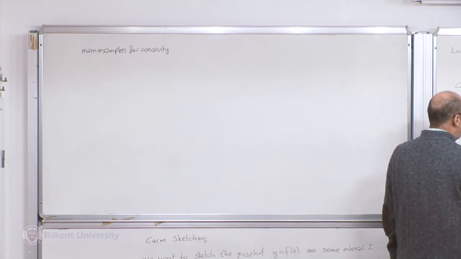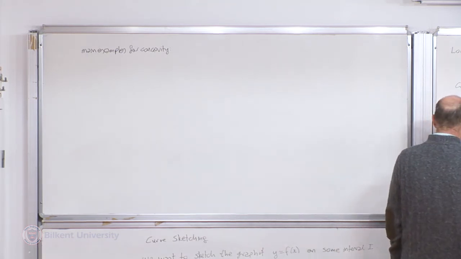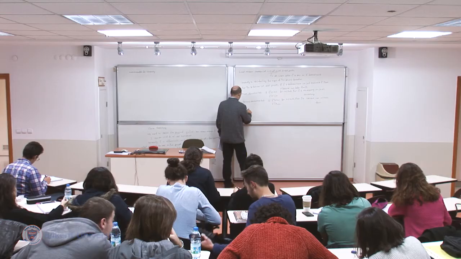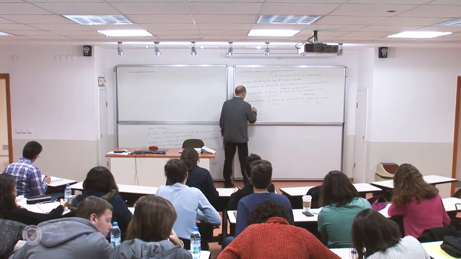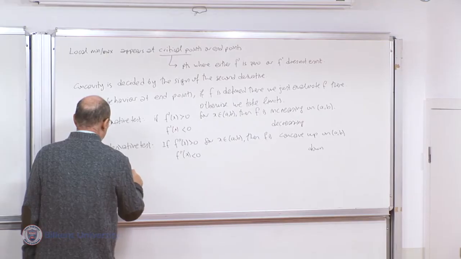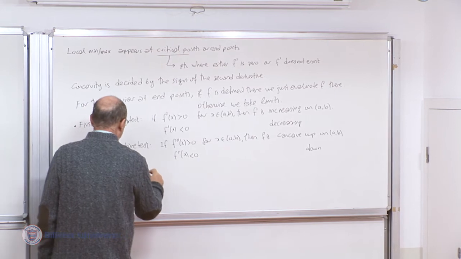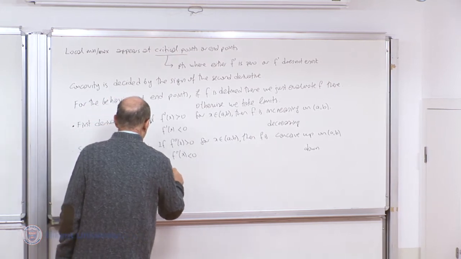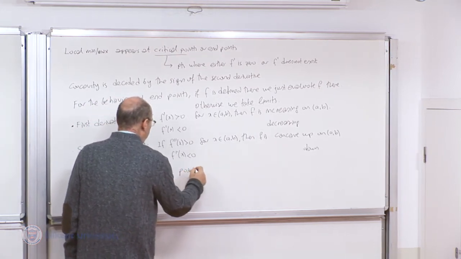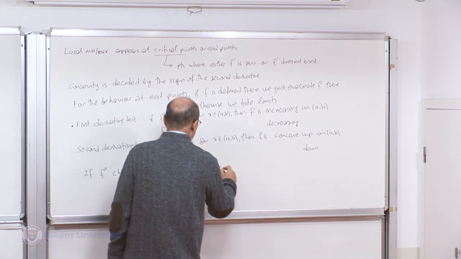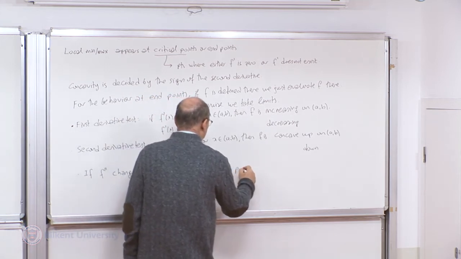Okay, so in the graph, if f double prime changes sign at a point, then that point is an inflection point.